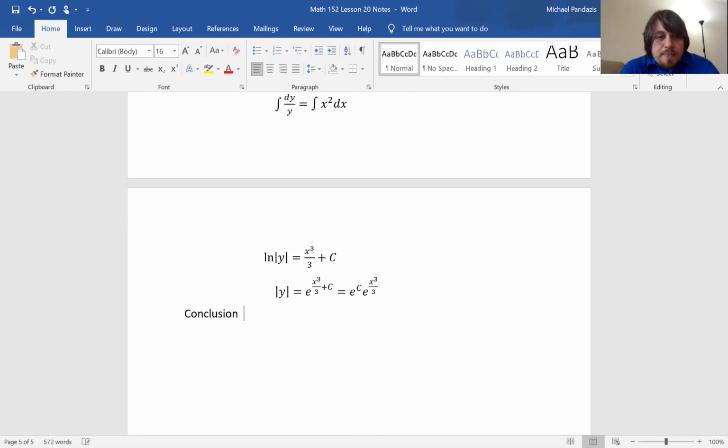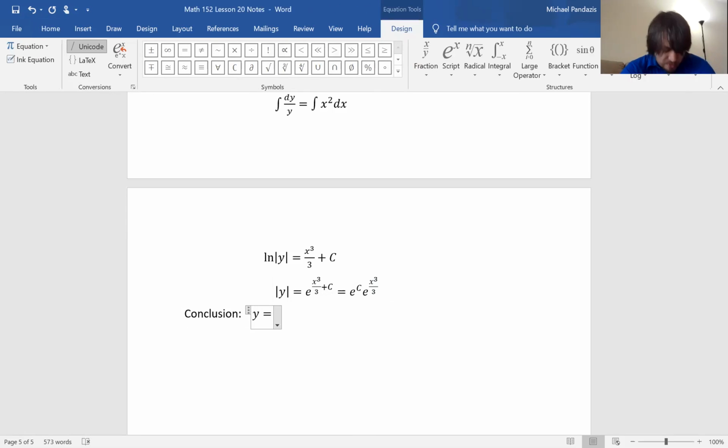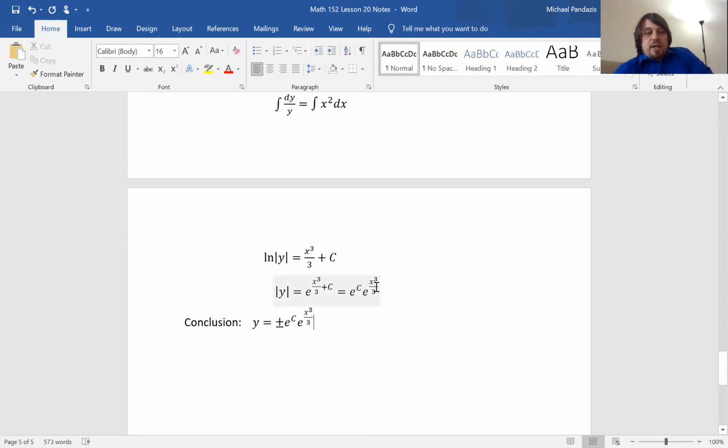Our conclusion is that y is equal to plus or minus e to the c, e to the x cubed over 3. Since the absolute value of y is this, y itself is plus or minus that.